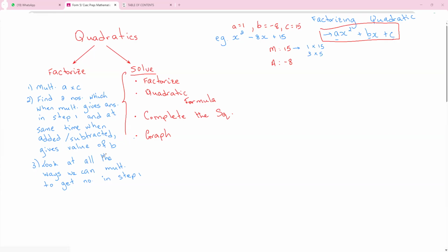So look at all the ways we can multiply to get the number in step 1, and we're going to select the pair that will give you the value of B when added or subtracted.